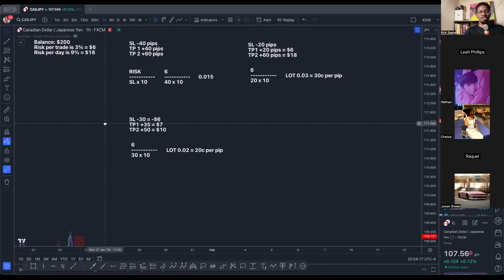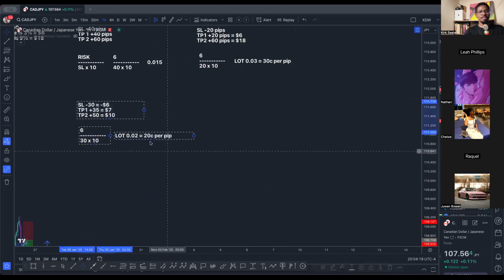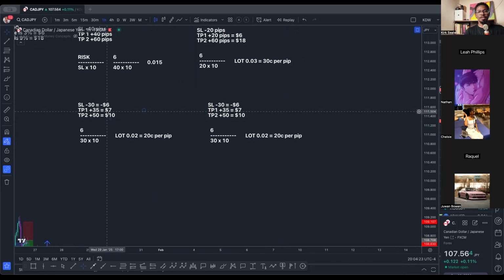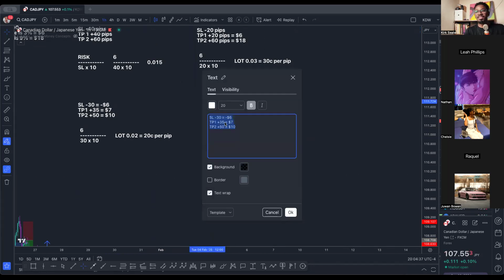you guys mind if I change the numbers on D real quick? I just want to show you guys a better scenario than we have. So instead of it just being 20 pips for take profit one, I want to change it to 30. Okay. All right. So this is going to be 30.